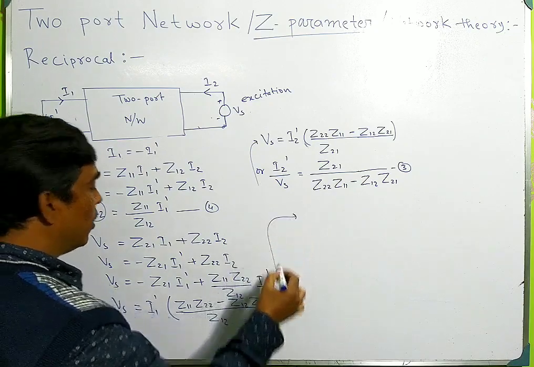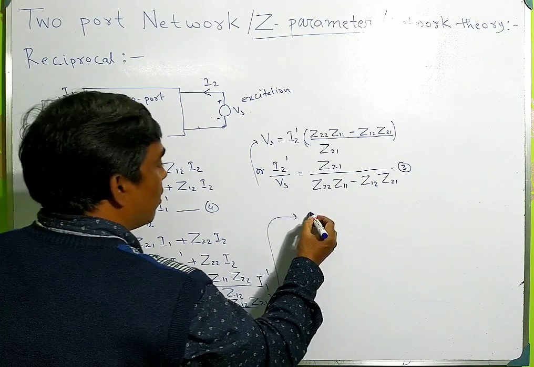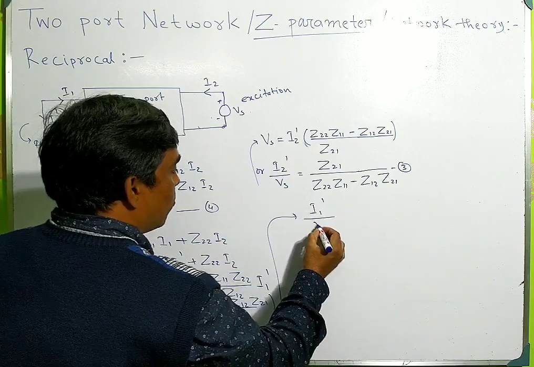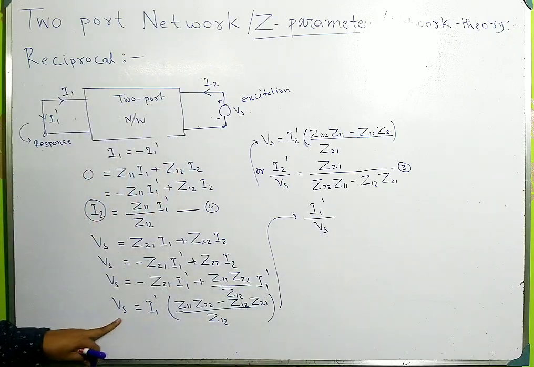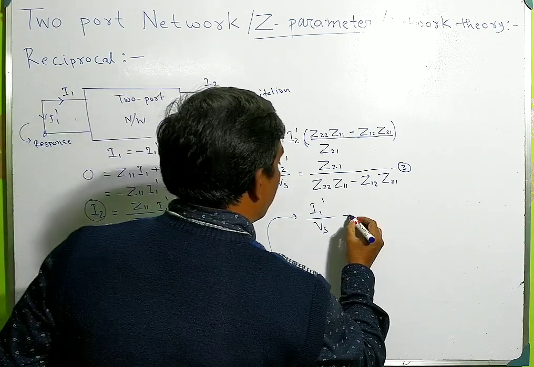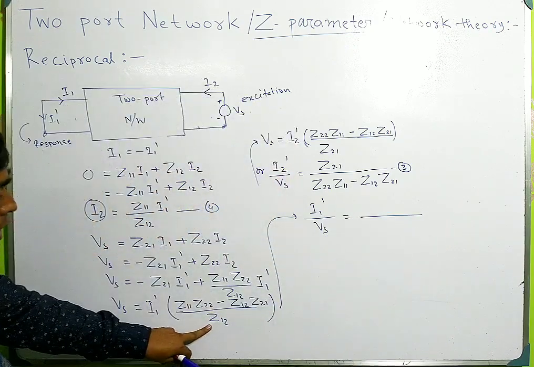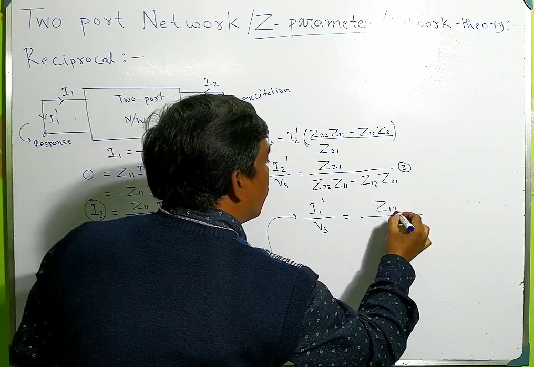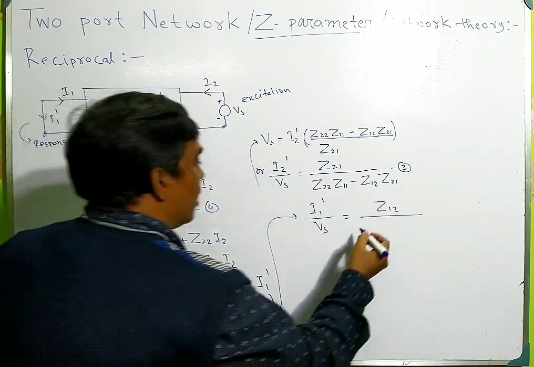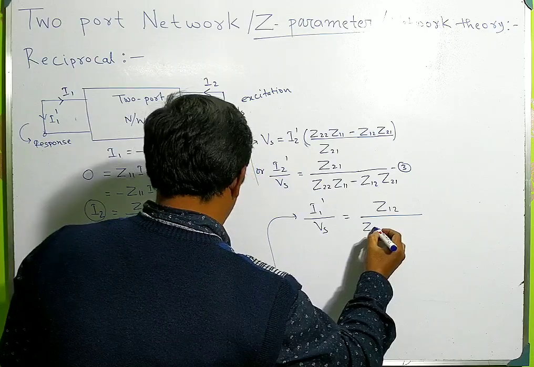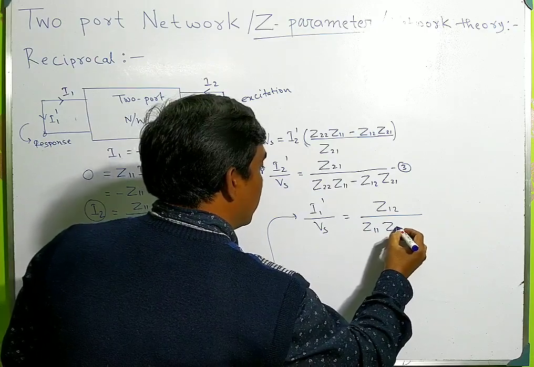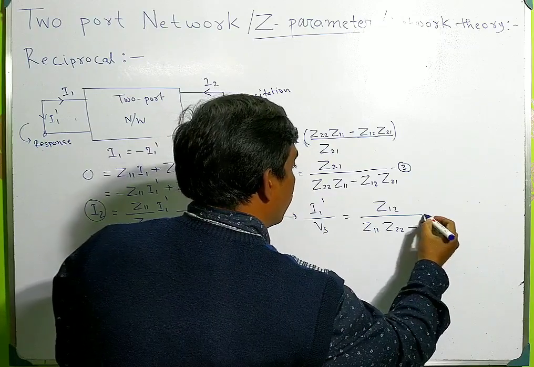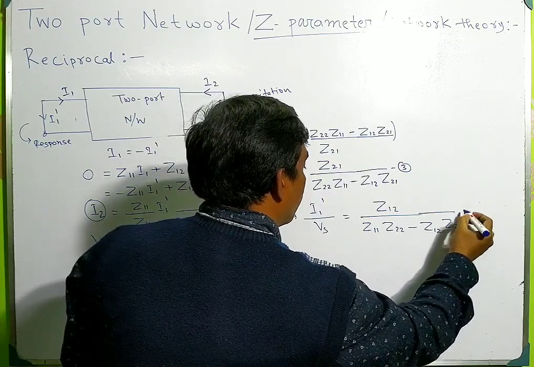From this equation, I1 dash divided by Vs equals Z12 divided by (Z11 Z22 minus Z12 Z21).